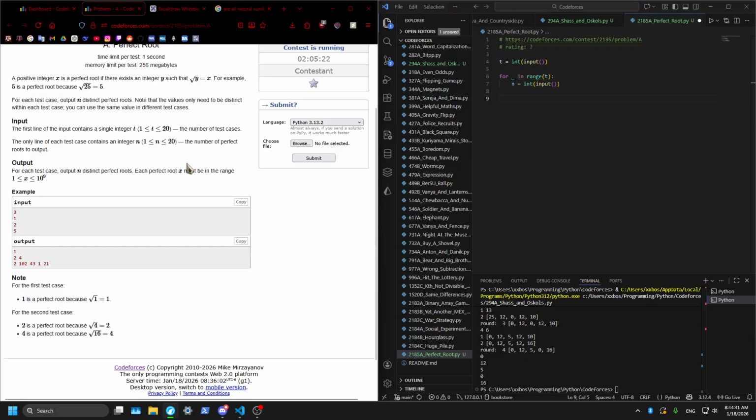I mean, according to this definition, all natural numbers are perfect roots, because all natural numbers have a square root value.